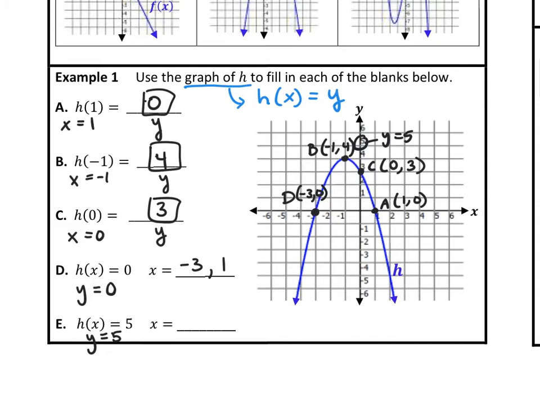So we can write, undefined. Because the graph doesn't exist up here. So there are no x values that have a y value of 5 on the graph. Because the maximum that the graph reaches is 4.